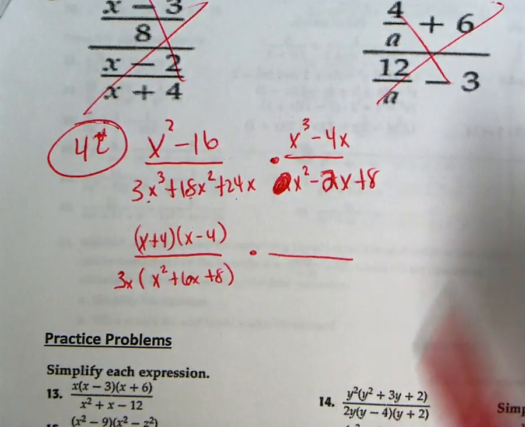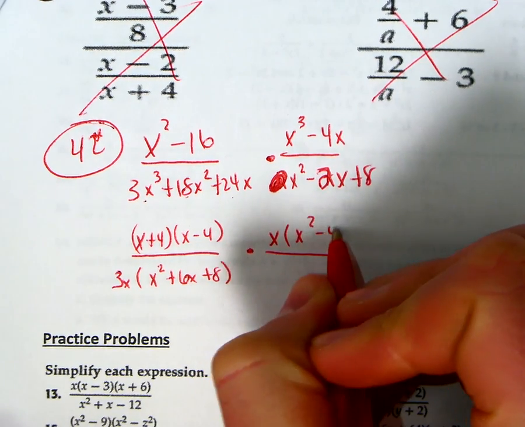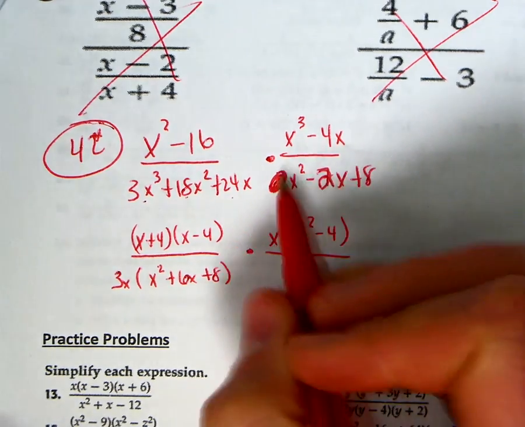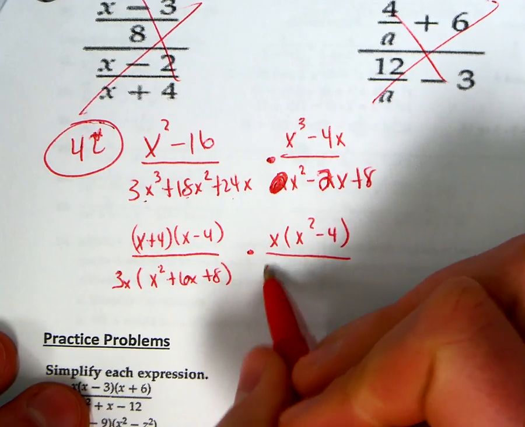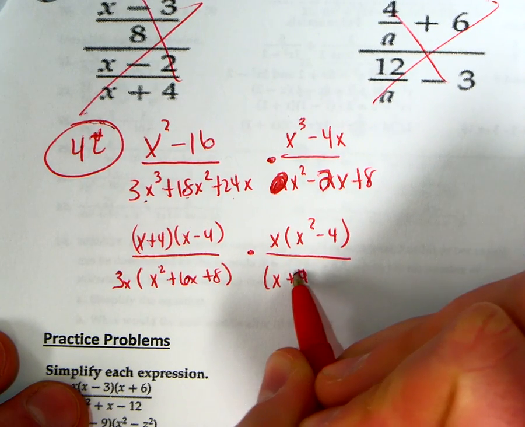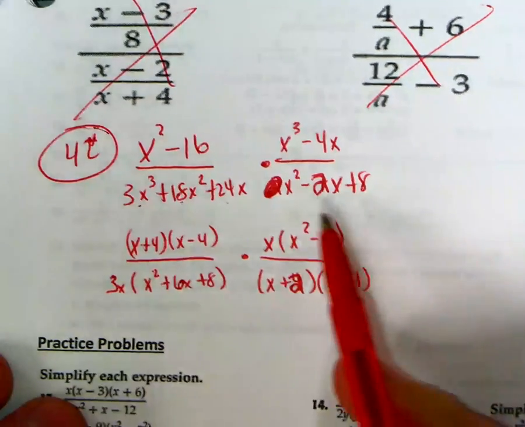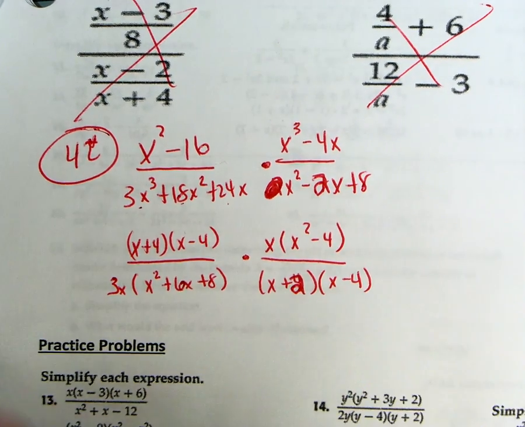And now I'm going to start doing stuff with the right stuff. I can take an x out here, so I have an x, and then I have an x squared minus 4. And here, I'm just going to factor this right off the bat. And I get x plus 2 and x minus 4. I have to get that negative 2 there, so the negative has to be with the 4.